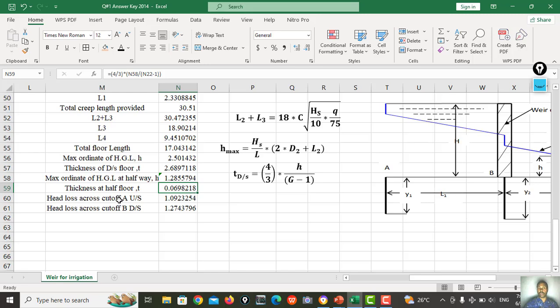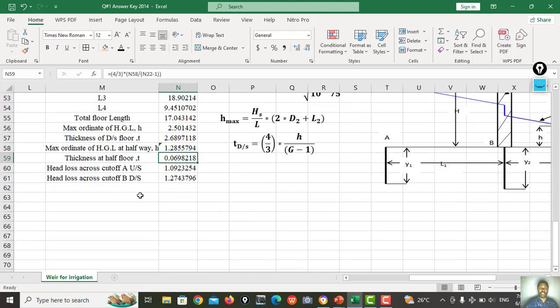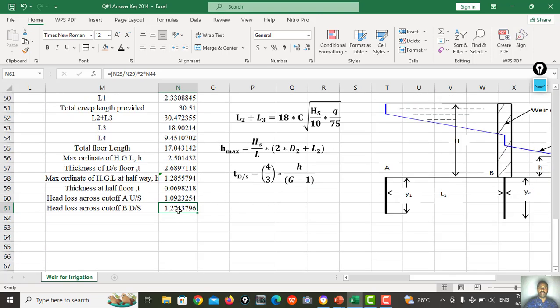Then head loss across cutoff A, head loss across this cutoff will be this one. You simply take CPJ divided by total creep length times 2d1, and you get the head loss across cutoff A, and head loss across cutoff B will be this one.